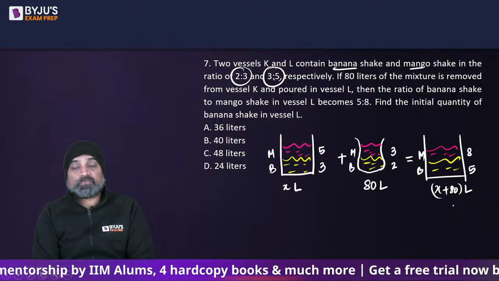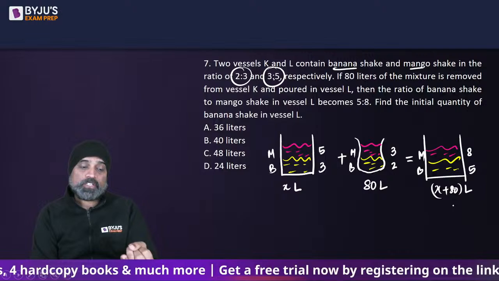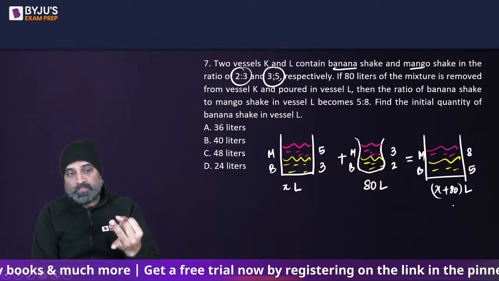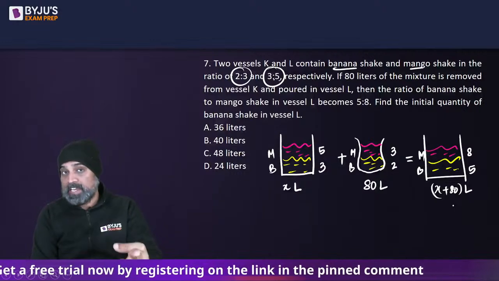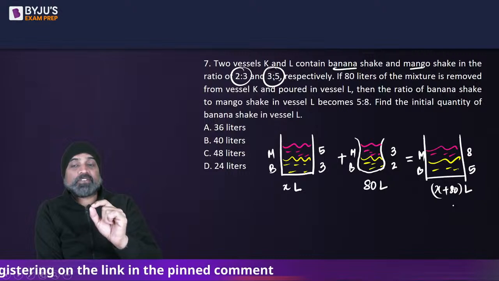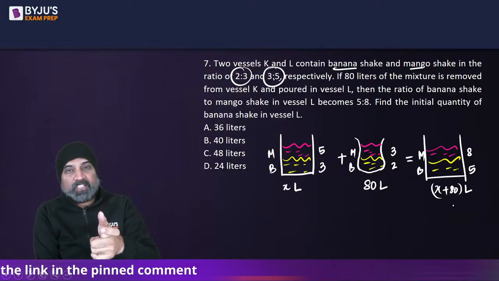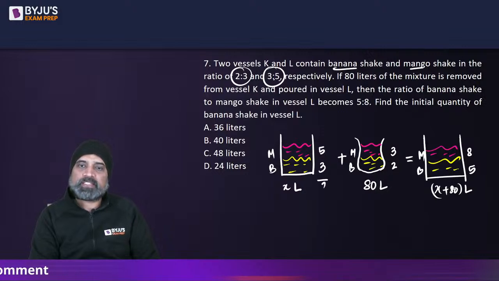So we can solve this in a lot of different ways. We can solve it using a straight equation, using options, using average, or using alligation. There are many ways. But whenever we have different denominators, it's preferable not to use alligation. Here the total volume is 8, here it is 5, here it is 13.